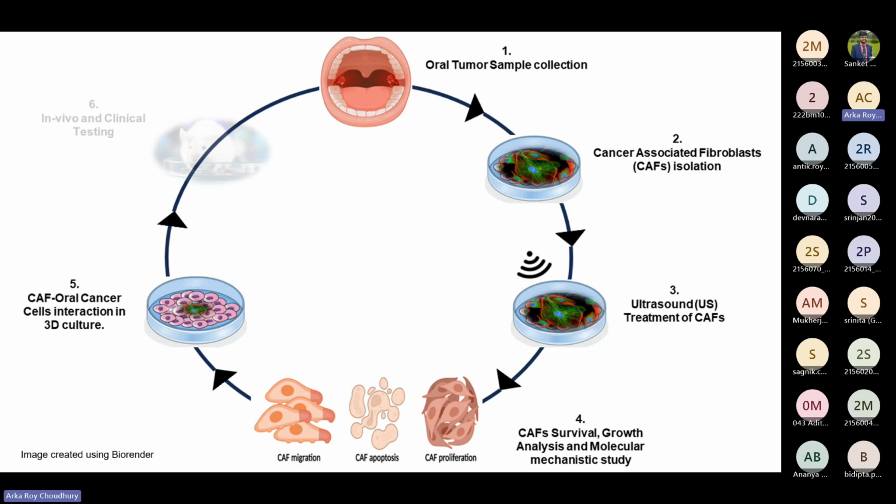I've already done a couple of experiments, and the results are quite positive. We are seeing apoptosis. This figure was from 1 month ago, so we didn't know whether the CAFs would survive and grow. Next we'll do the mechanistic study, like what is the focal adhesion.